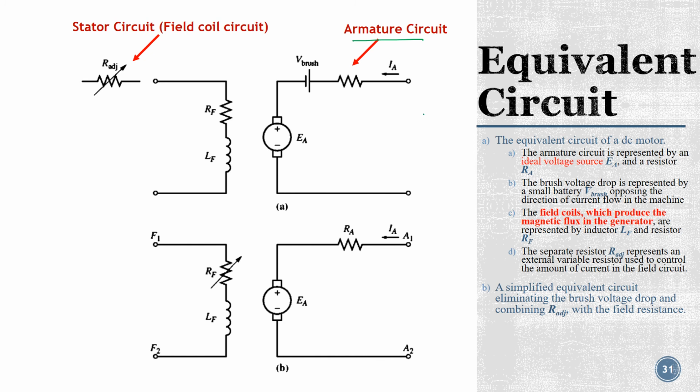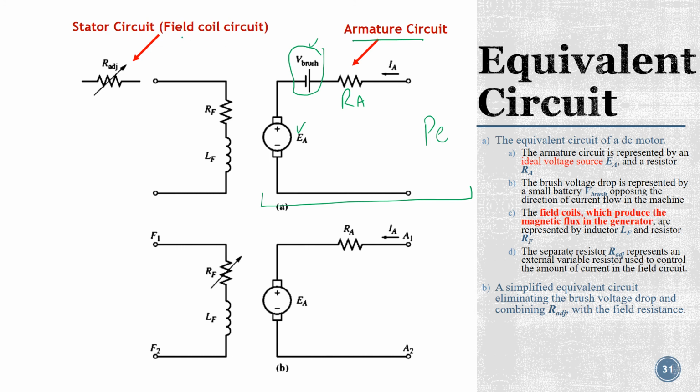In the general DC motor, you provide electrical power, which is converted to mechanical power. So we will have the internal generated voltage, and we will have RA, the armature resistance. This part is the armature circuit, and with the armature we have the brushes. The drop across the brushes we represent with V brush.